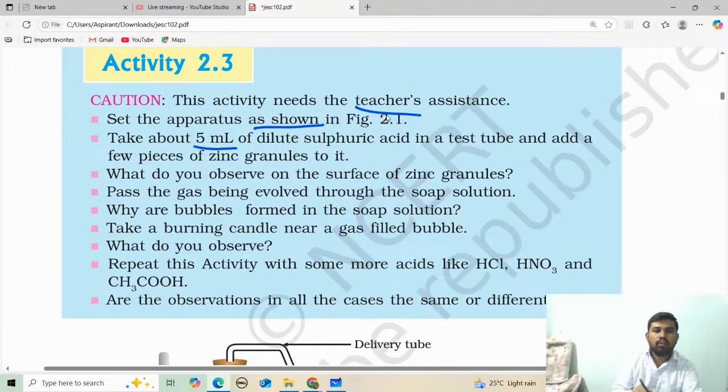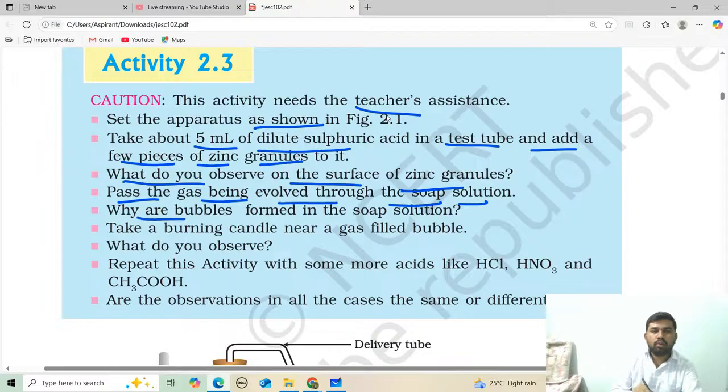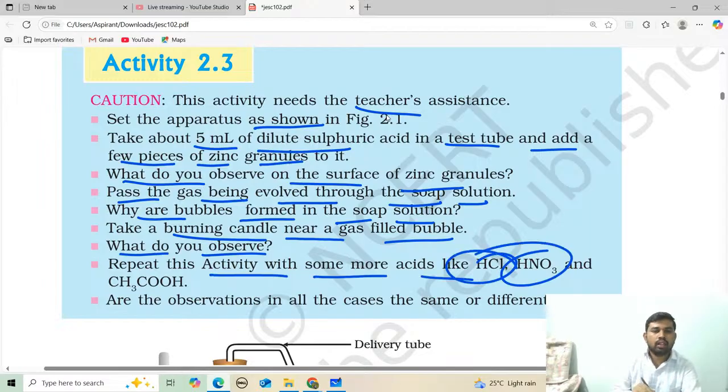Take 5 ml of dilute sulfuric acid, add pieces of zinc granules, and observe what happens on the surface of the zinc. Pass the gas through the soap solution. Why are bubbles formed in the soap solution? Take a burning candle near the gas-filled bubbles. What do you observe? Repeat the activity with some more acids like HCl, HNO3 and CH3COOH.